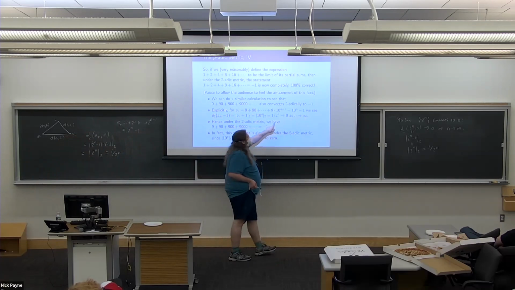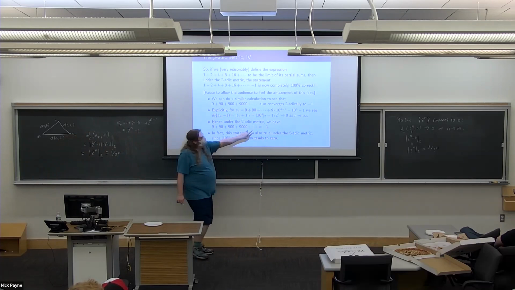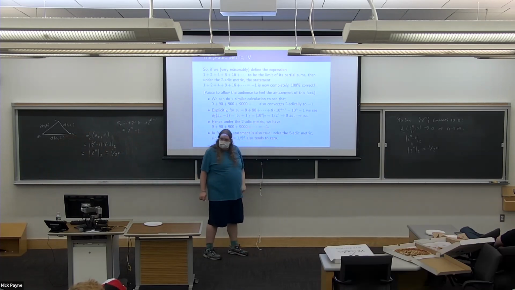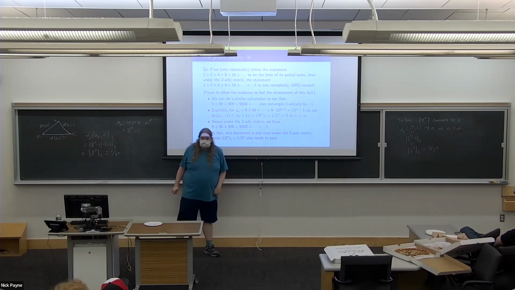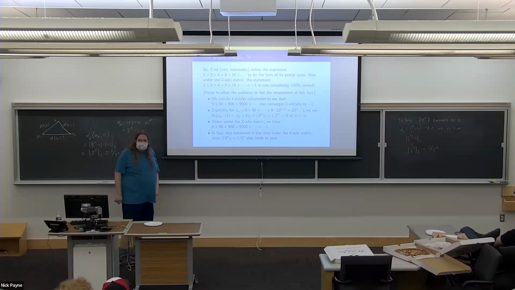But powers of 10 also get really small 2-adically, because 10 to the n is divisible by 2 to the n. So the 2-adic absolute value of 10 to the n is also 1 over 2 to the n, and so that also goes to 0. So we get 2 for 1 practically, because we also get the one for the infinite string of 9s. That calculation is actually correct and legal as well.